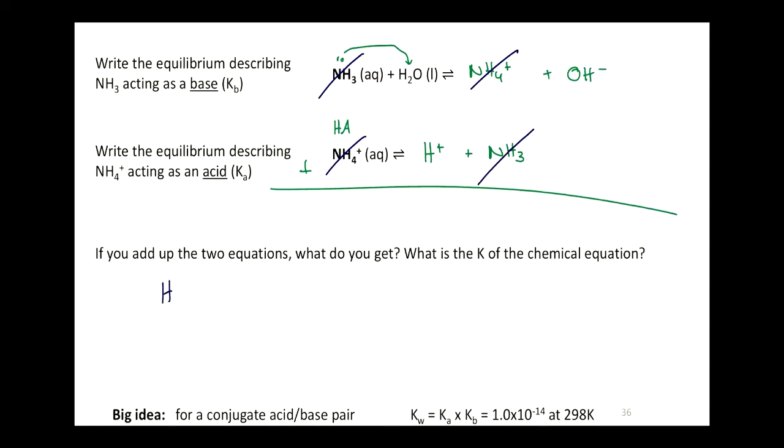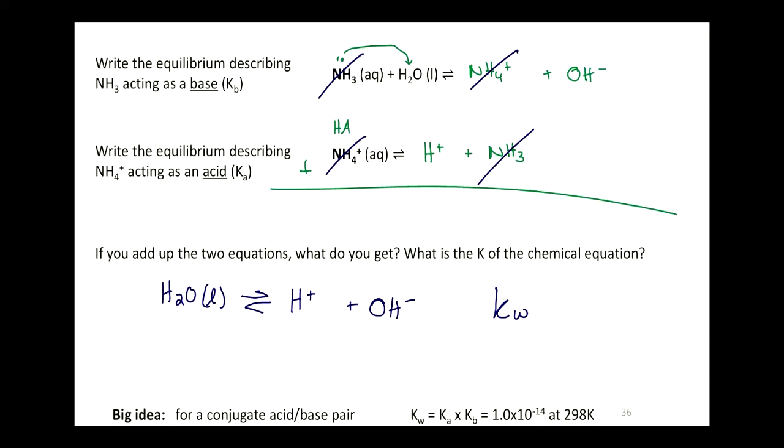Water, H2O, liquid, arrow, and then our two products are H plus and hydroxide. Is that a K expression we know? Do we already know that one? Yeah, what is that? Kw. W stands for water. And so look, we got water and its self-ionization coming out of this.